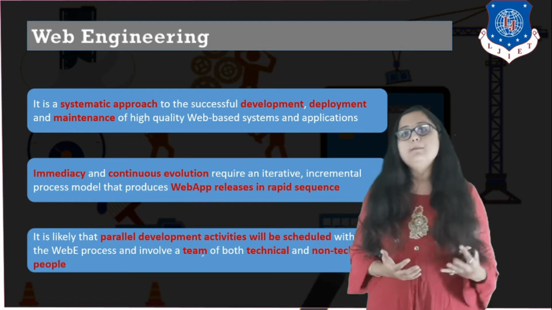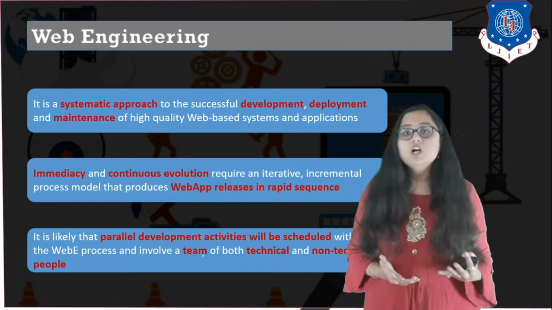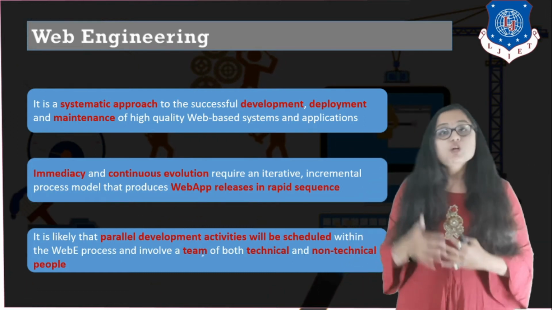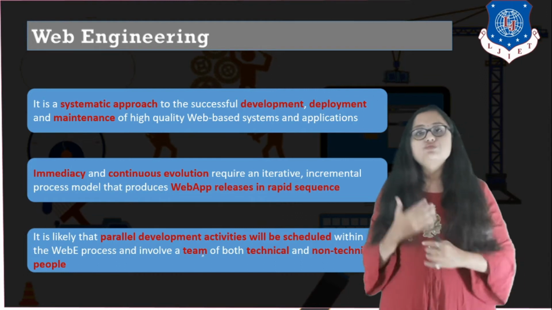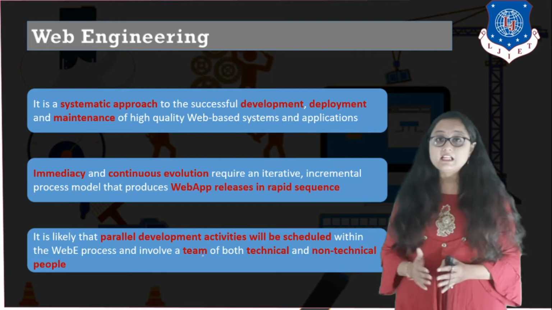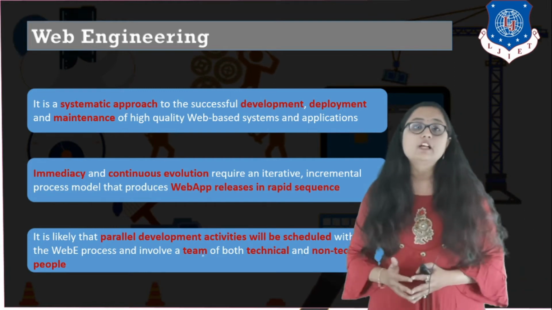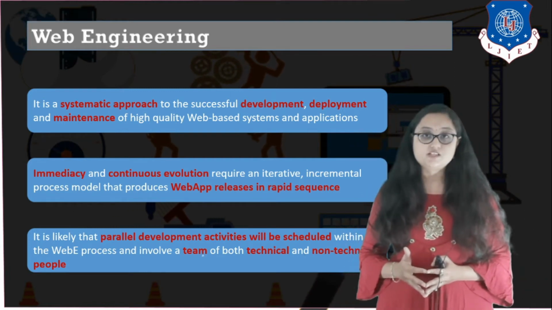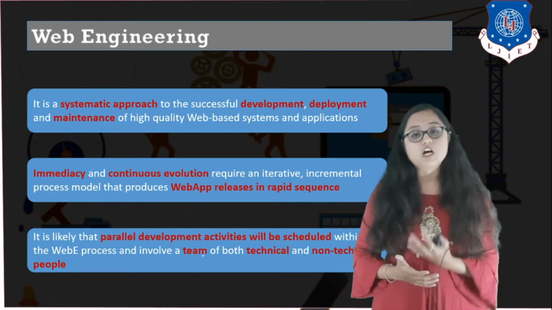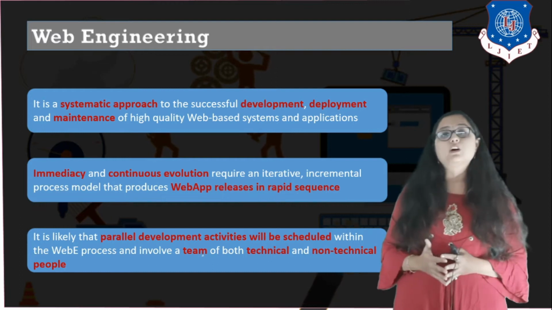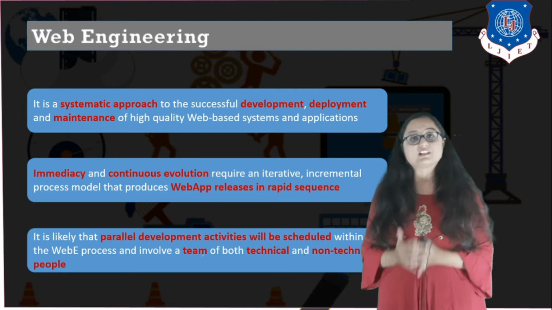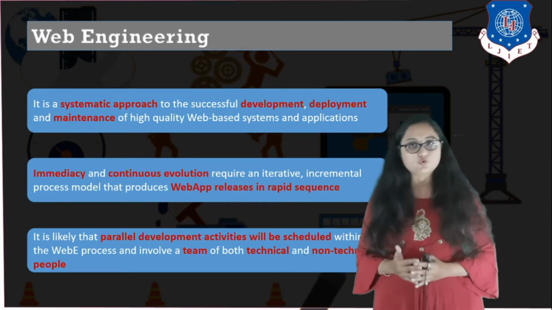So in web engineering we always follow an incremental approach that we have already studied in the process model chapter, right. In the incremental approach we follow an iterative nature. There are also parallel activities that we need to maintain while applying web based application processing, because the client requires delivery very fast, right. So we have to make a schedule accordingly, and there must be activities running in parallel mode, right.